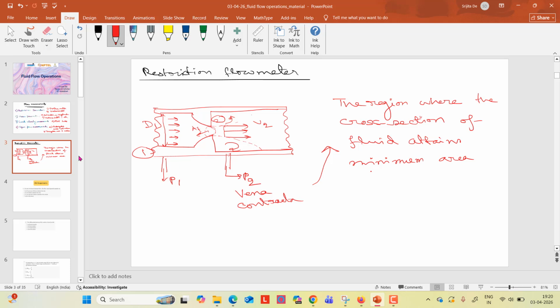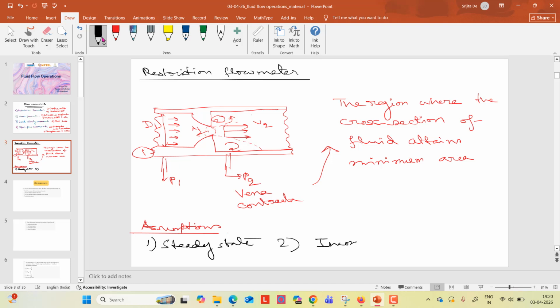So we will take first some assumptions. What are the assumptions? The first assumption is, obviously, steady state flow. That means it is not changing with time. Second one is incompressible flow.